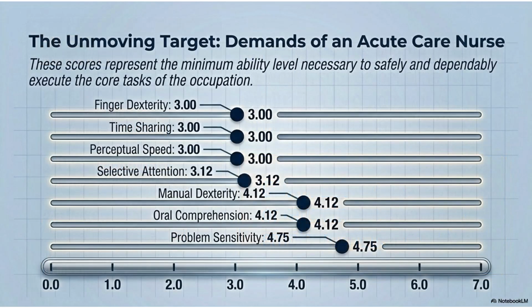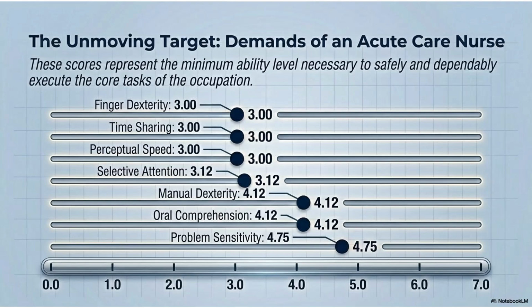First, we look at the unmoving target, the demands of an acute care nurse. These scores represent the minimally adequate level of ability necessary to safely and dependably perform 9 core tasks of our occupation that we can measure with the DCAT.